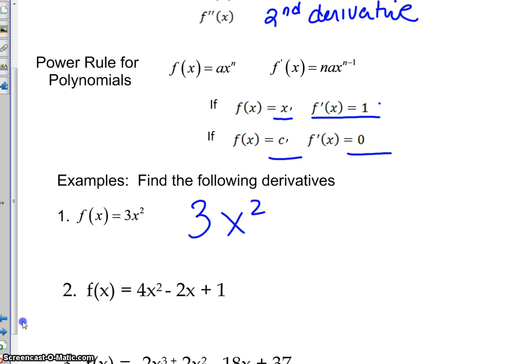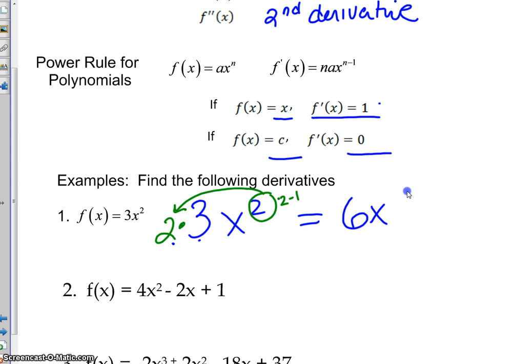What you do is take this 2 and bring it out in front, and you're going to multiply it by the 3, okay? And then you take the 2 and subtract 1 for the new exponent. So the answer here is 2 times 3, or 6x to the first. Now we usually just leave 6x to the first as just 6x.